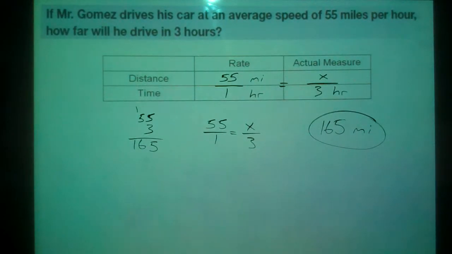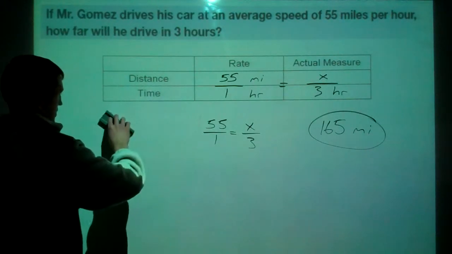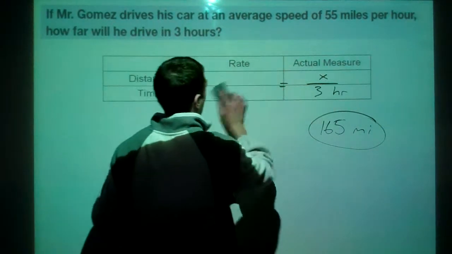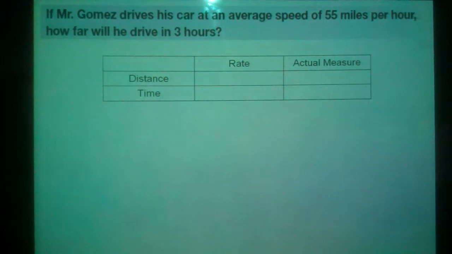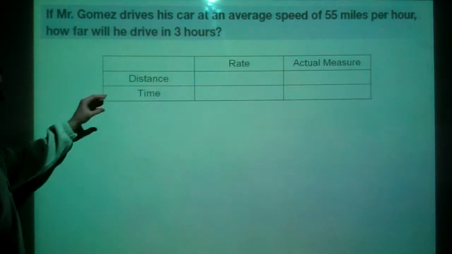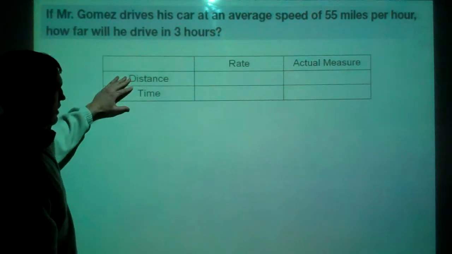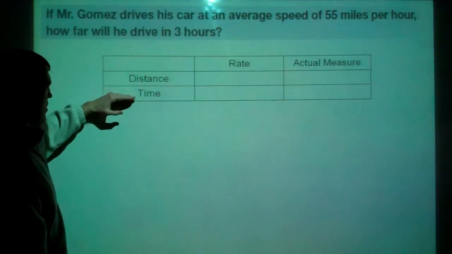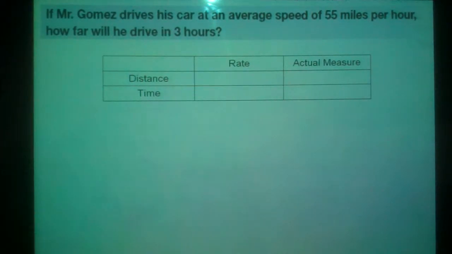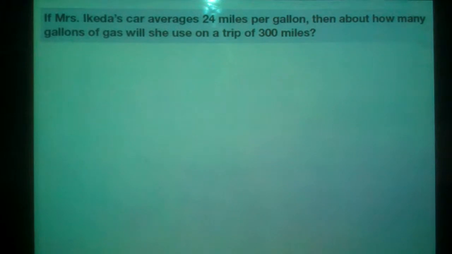So a pretty handy tool to use, especially if we're really lost and not quite sure what to do. And if you're not sure what your category should be, look at what they give you for a speed. Miles, which is the distance, per hour, which is time. Alright, let's take a look at this one.